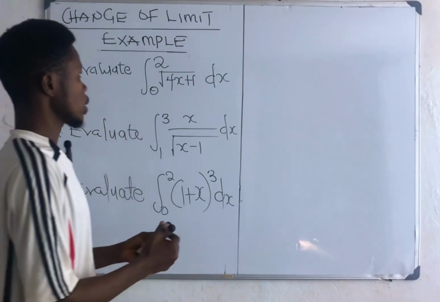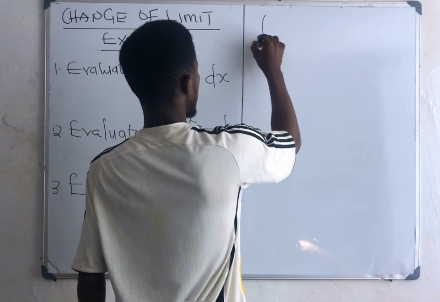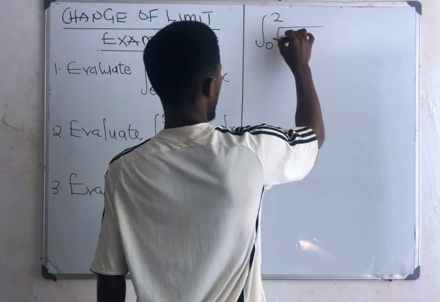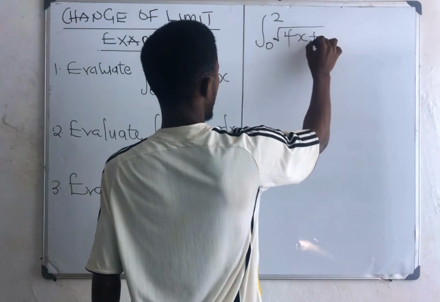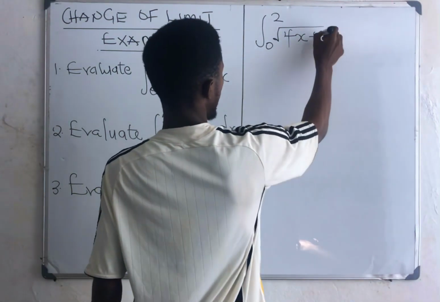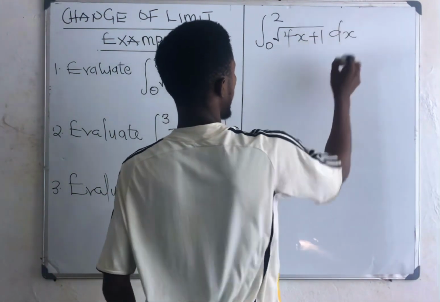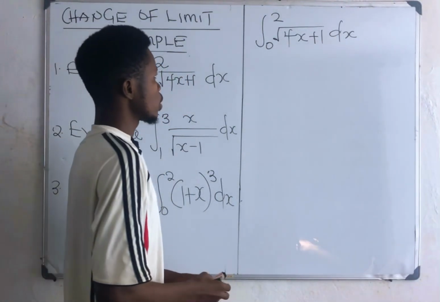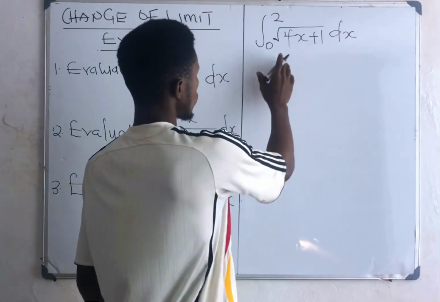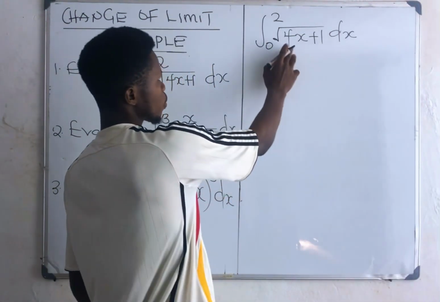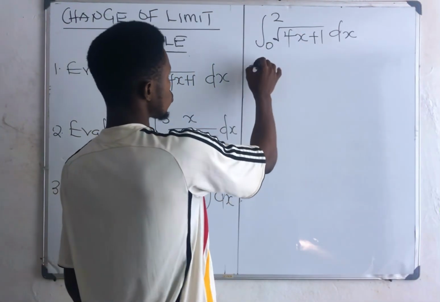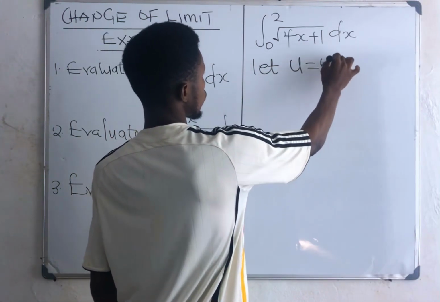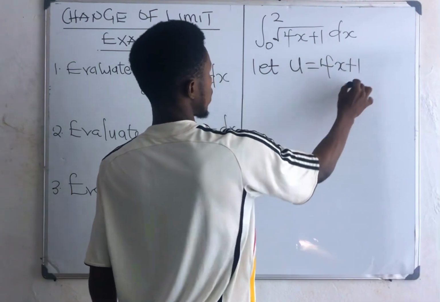Evaluate. So looking at this particular question, if you want to evaluate this, it will be difficult to remove the square root. So for you to do this, this is what you do. You say that let u be equal to 4x plus 1, the one under the root.